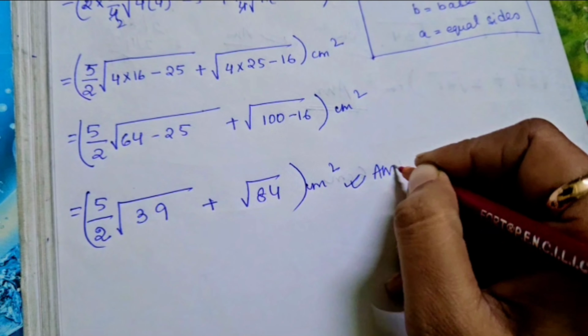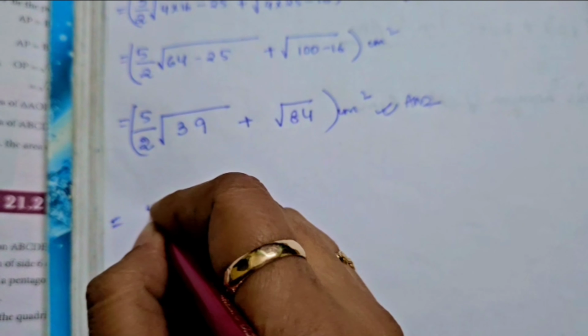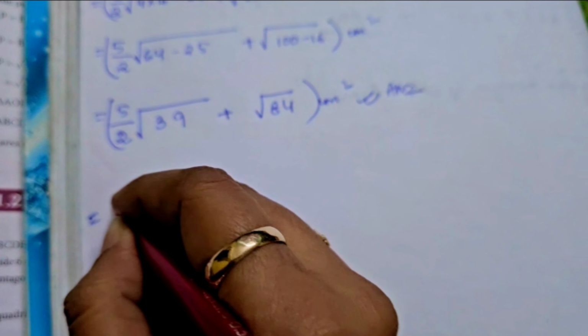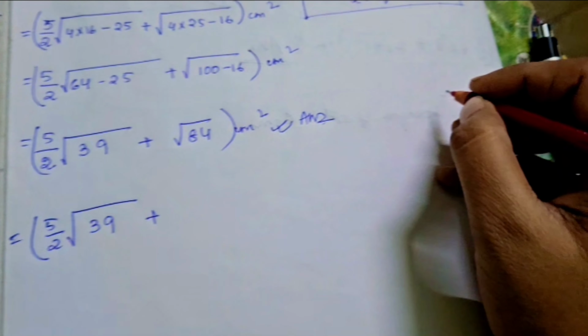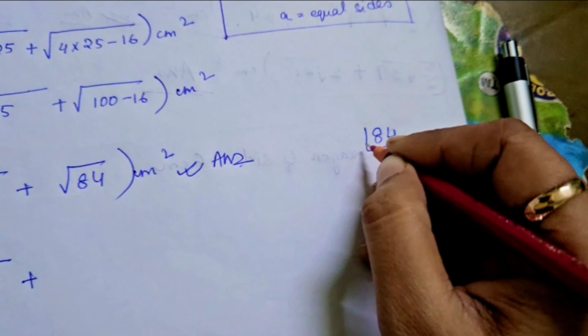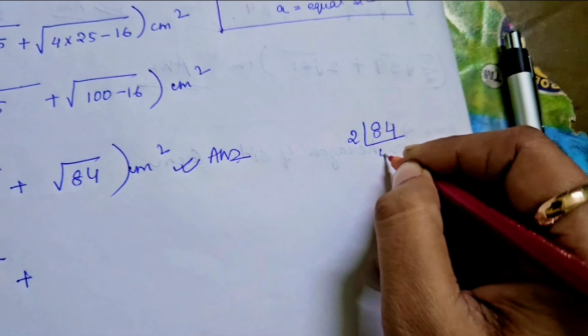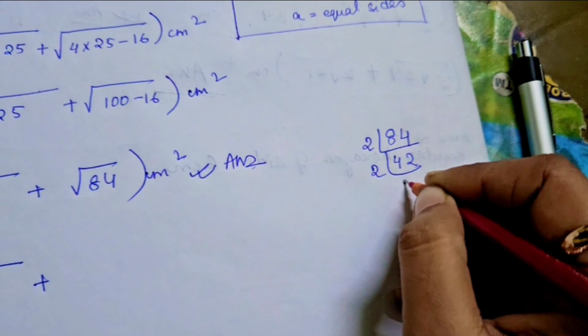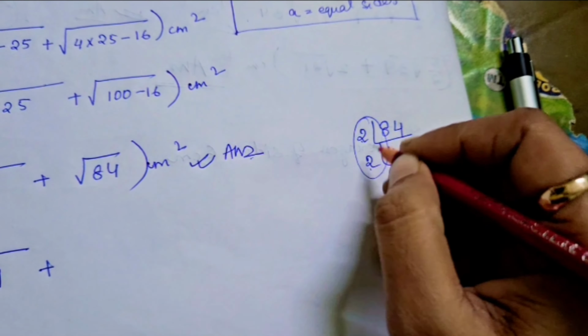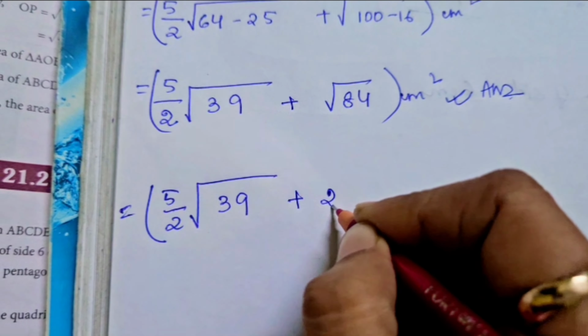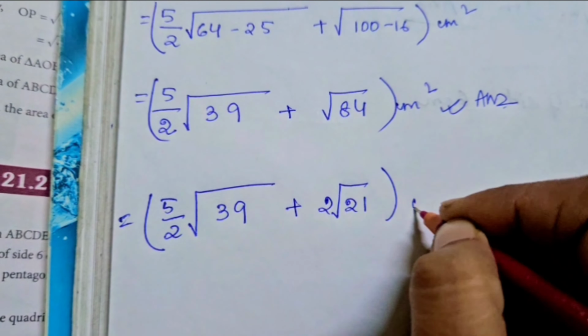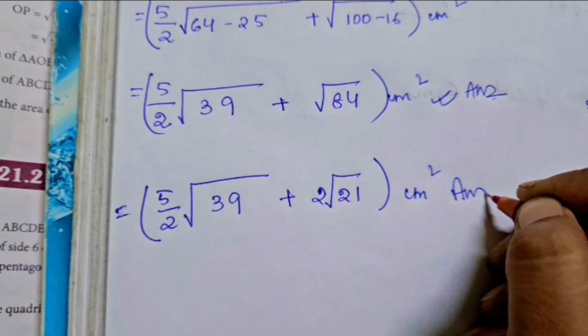This can also be your answer, or you can proceed ahead. If we proceed with 84, it's 42 and it's 21, so this will be 2 and this 21. So it can be 2 root 21. Centimeter square is the answer.